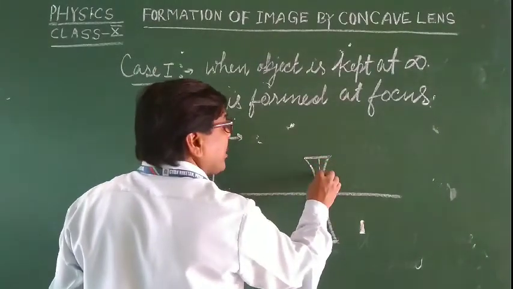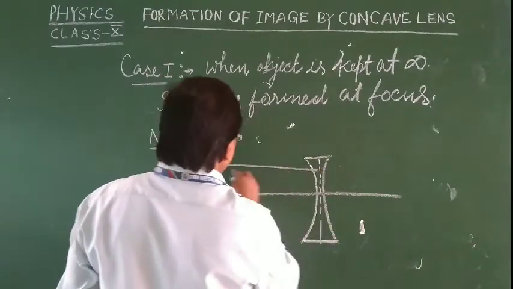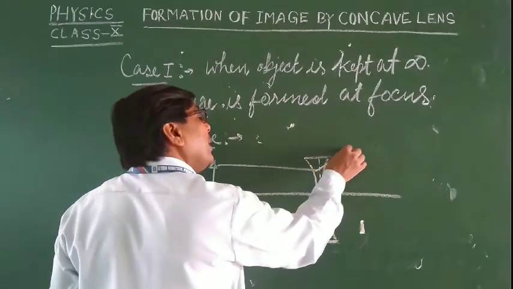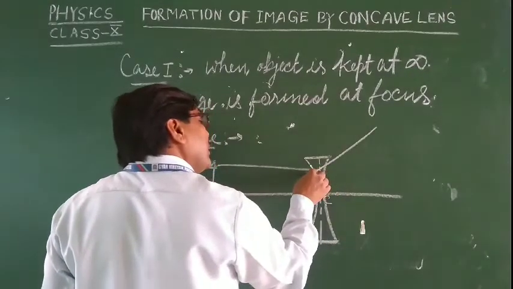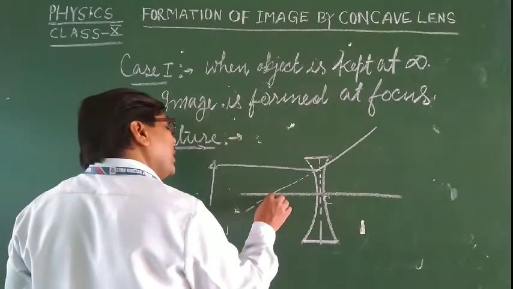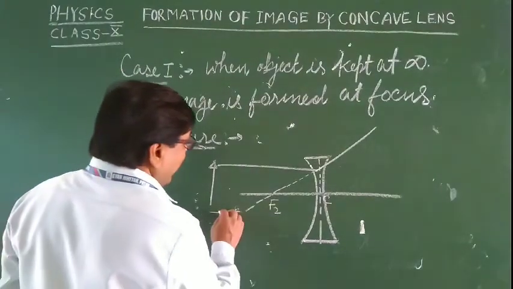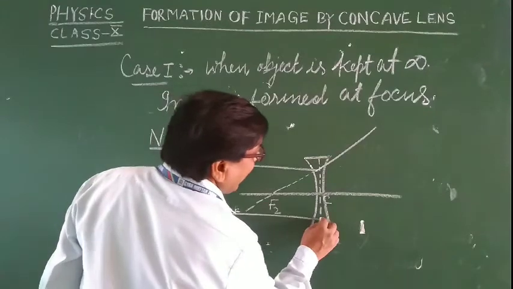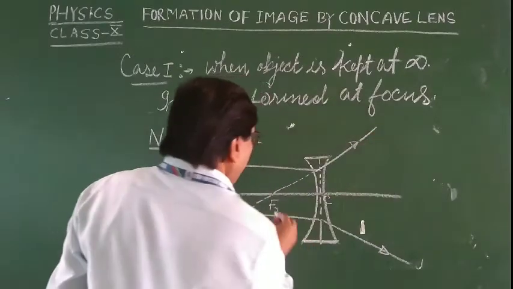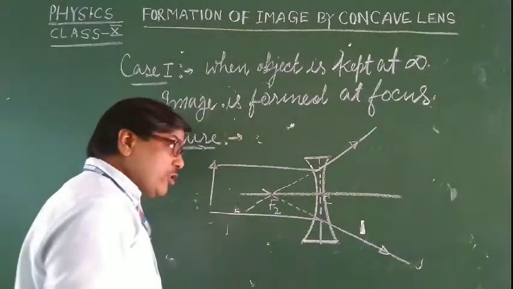The incident ray parallel to the principal axis, after refraction, diverges away and appears to pass through the focus, where the image is formed.